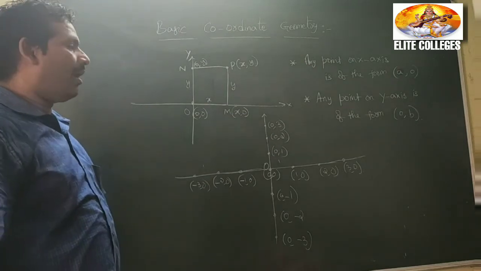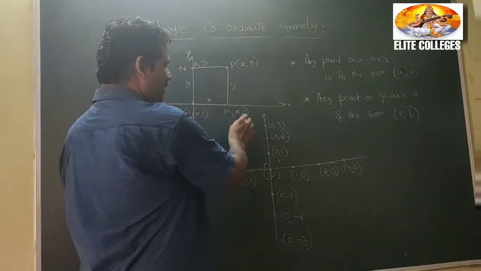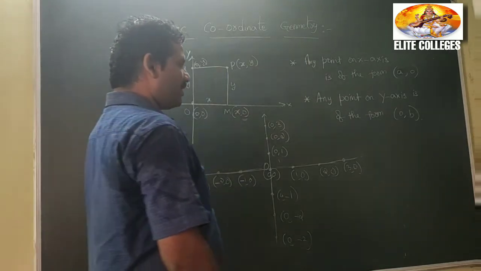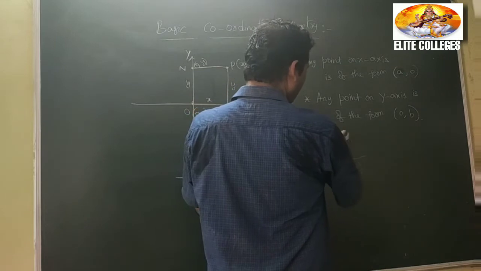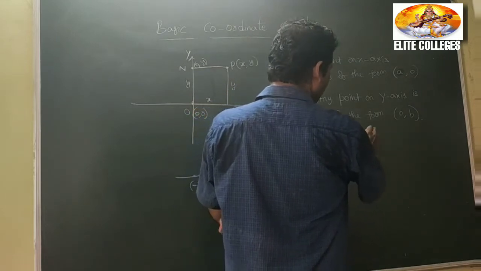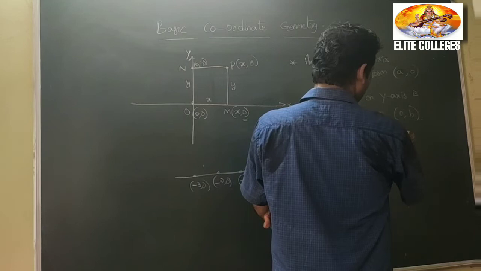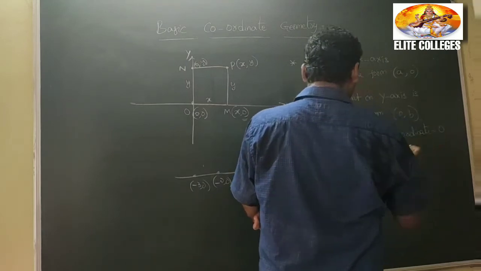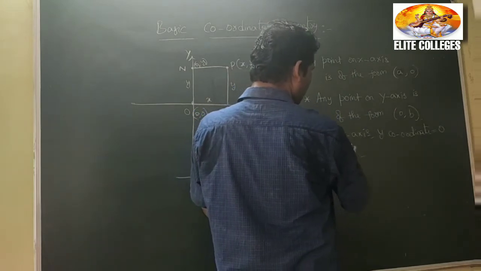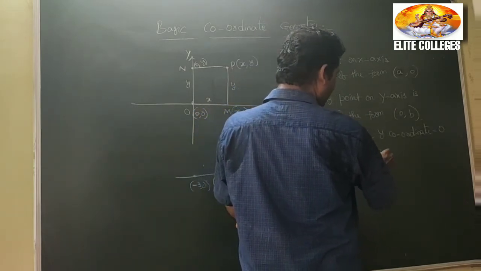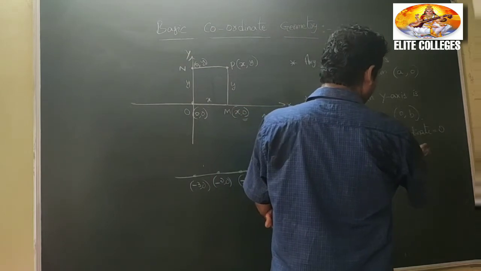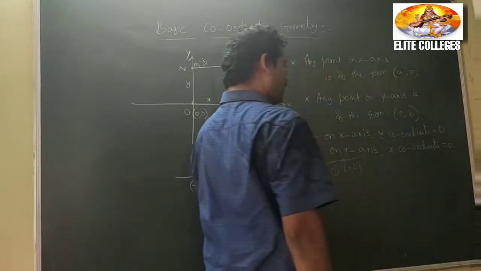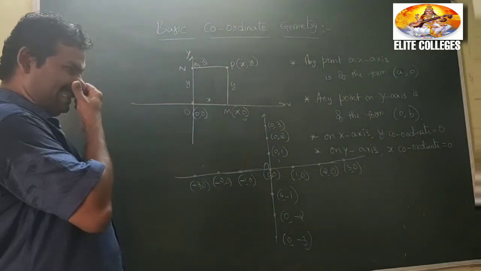What does that mean? On the x-axis, the y coordinate is 0. On the y-axis, the x coordinate is 0.